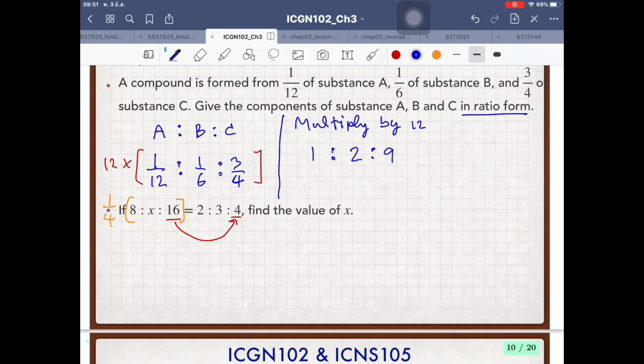Okay, so let's do it. 4 times 2, you get 8. 4 times x over 4, you get x. All right, and then 16 divided by 4, you get 4.